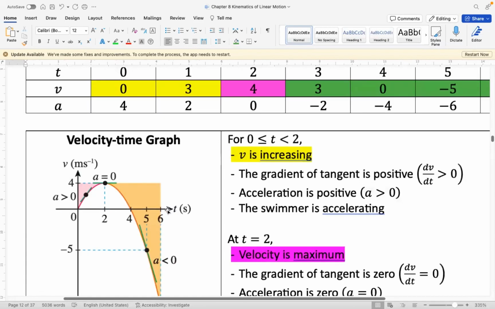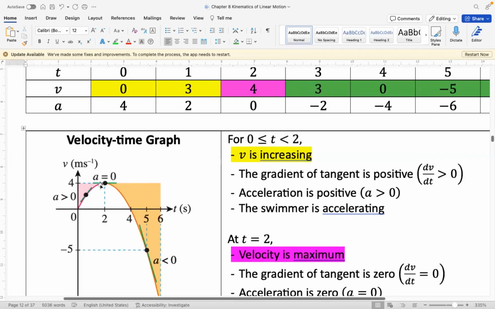That means dv/dt is greater than 0. dv/dt is a, so a is greater than 0. So for t between 0 and 2, velocity is increasing, dv/dt is greater than 0, a is greater than 0, which means the swimmer is accelerating.